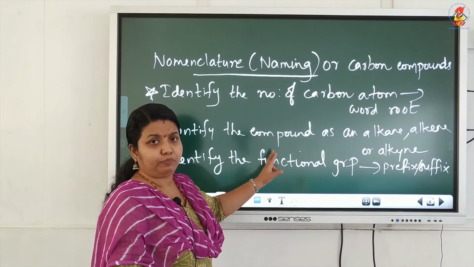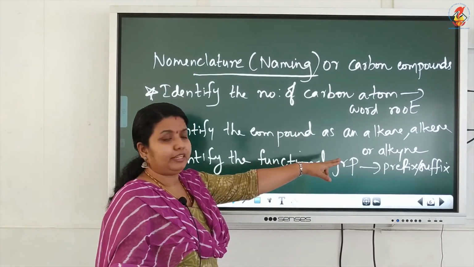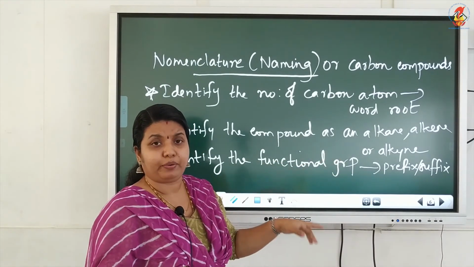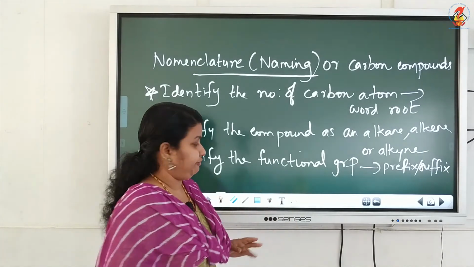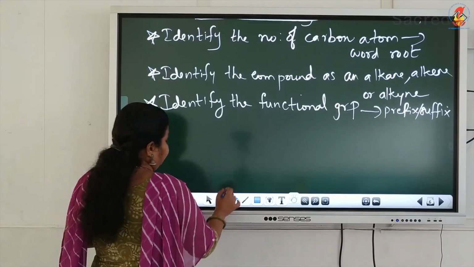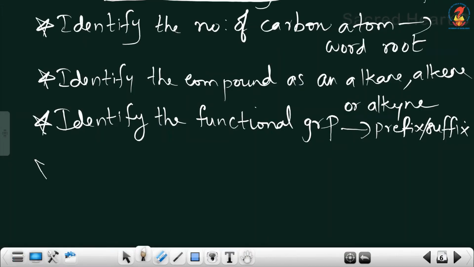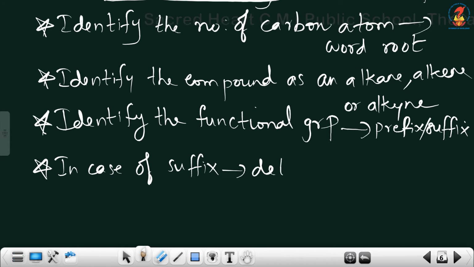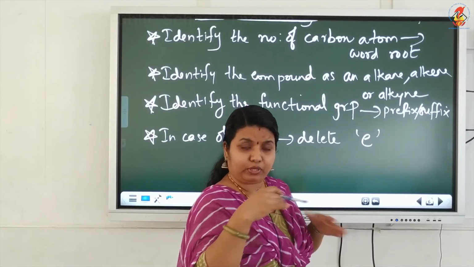If any functional group is present, identify it and it should be indicated in the name of the compound as a prefix or suffix. And the last one is, in case of suffix, delete the final E, whether it is alkane, alkene or alkyne, propane, propene, propyne, whatever it is.